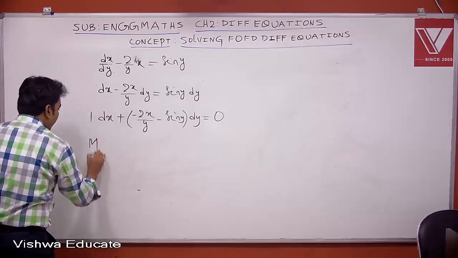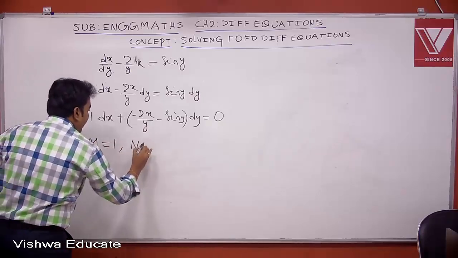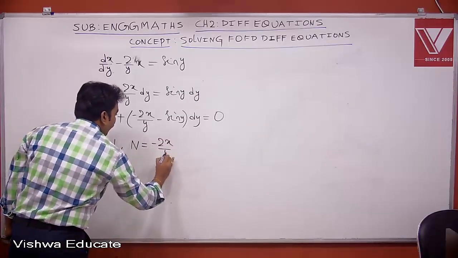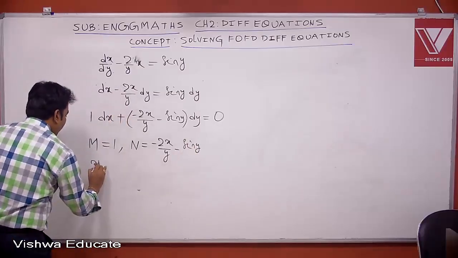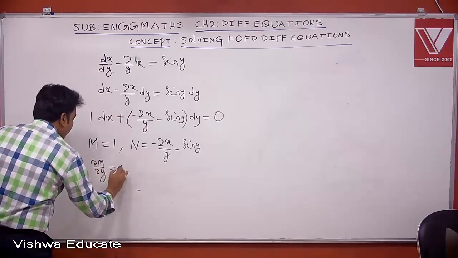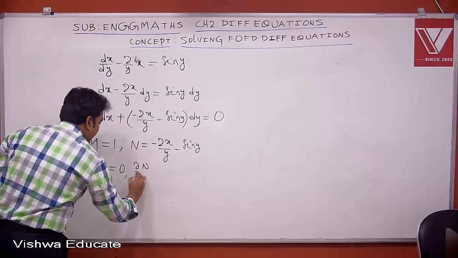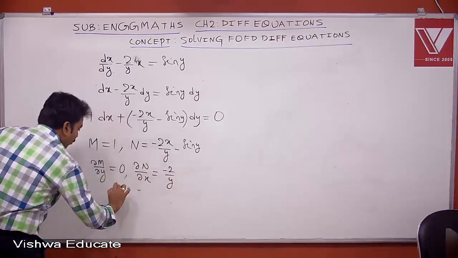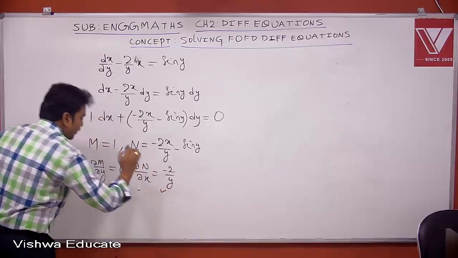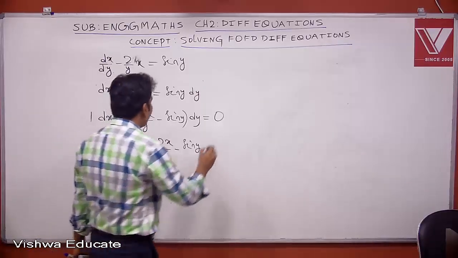Now here what is M? M is 1 and N equal to minus 2x by y minus sin y. So here dou M by dou y equal to 0 because it is a constant expression. Dou N by dou x equal to minus 2 by y. Now both are different quantities, so it is a non-exact equation.